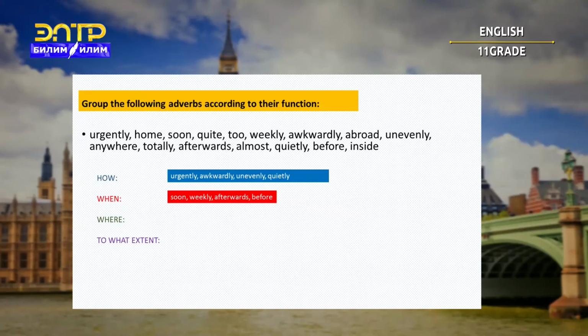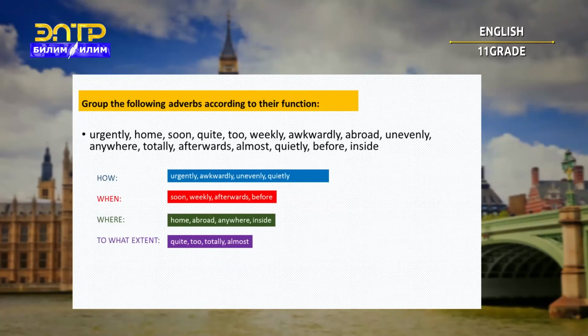Third, where. And here's the answer. Yes. Home, abroad, anywhere, inside. Next one, to what extent? The last one. Yes, and the right answer is quiet, to, totally, almost. Well done, guys.